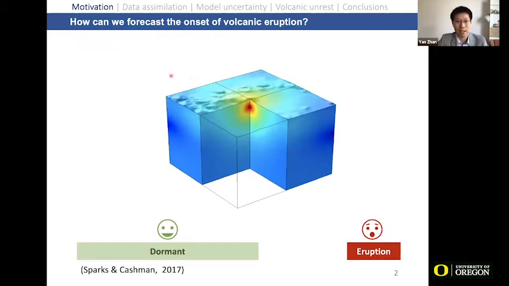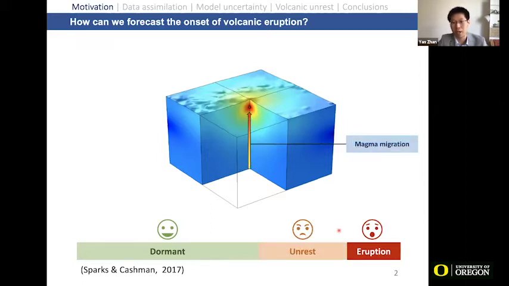why forecast the volcanic? I want to understand the volcanic unrest. One of the grandest challenges for volcanologists is to forecast the onset of volcanic eruption. It's very hard, but luckily for most volcanoes, before they go from this happy phase to eruption, they experience a period called unrest.